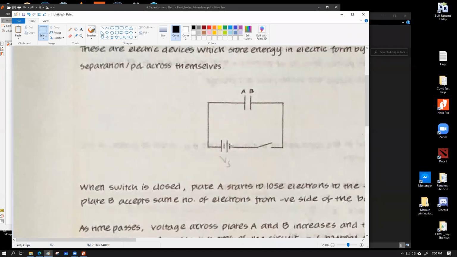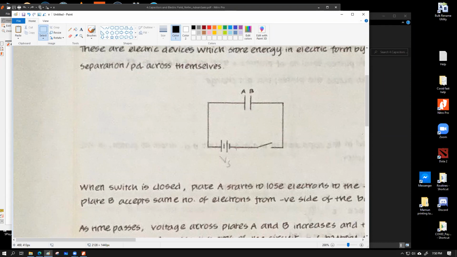Electrons are going to be released from the negative side of the battery, which are going to be pushed to plate B, and electrons are going to start getting lost from plate A, which are going to be absorbed by the positive end of the battery. So whenever this process starts, at the initial time, let's say the instant when the switch was closed was t equals 0, at that point the two plates were perfectly neutral, which means each plate had an equal number of protons and electrons by count.